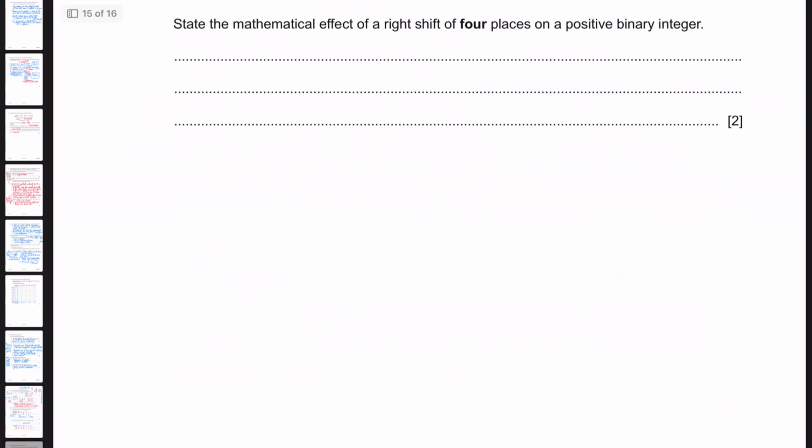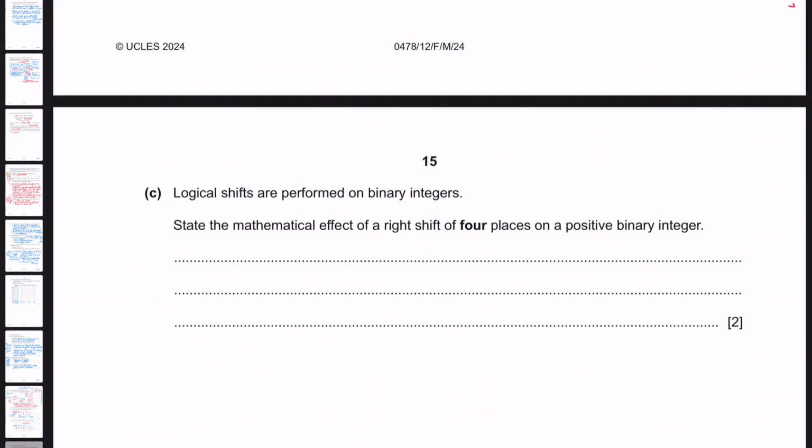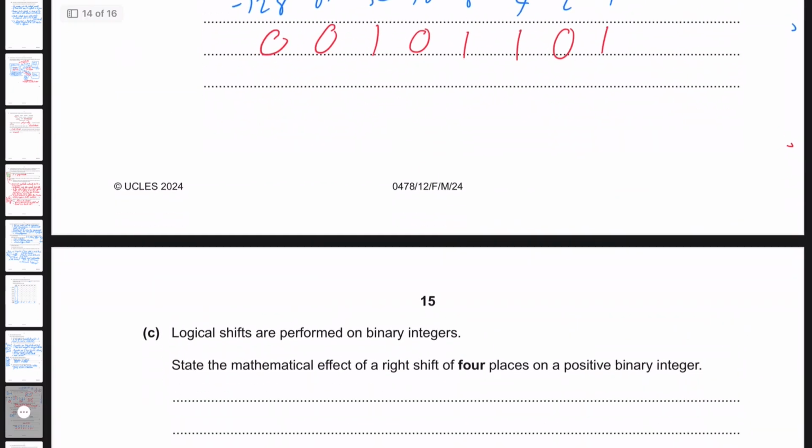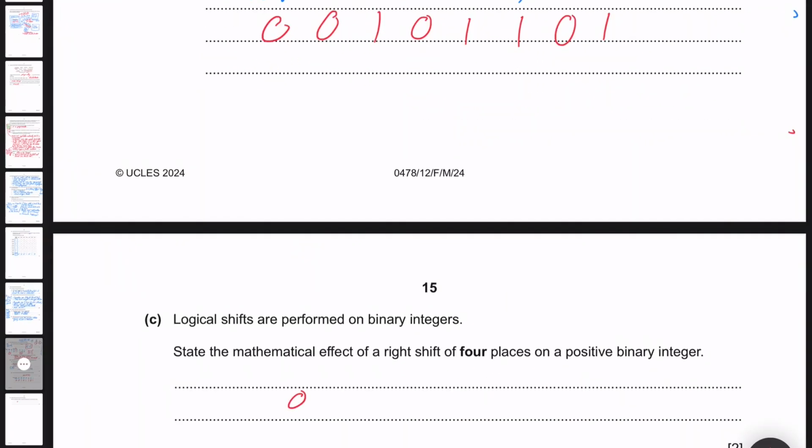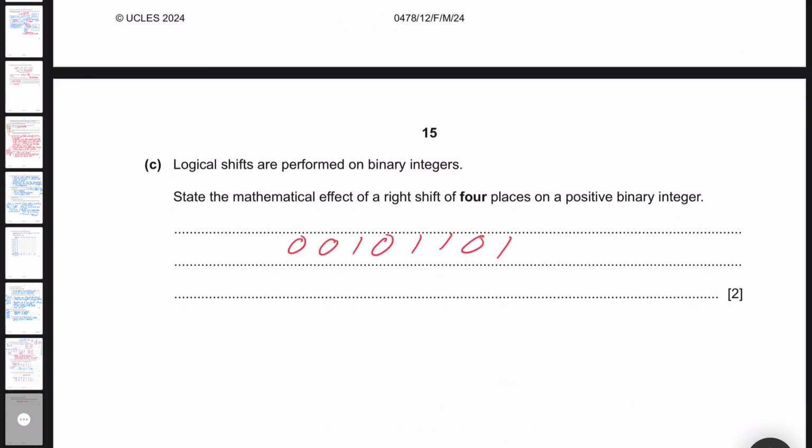And then finally, this is the final question. Logical shifts are performed on binary integers. State the mathematical effect of a right shift of 4 places on a positive binary integer. Well, a right shift, for example, if I take this number at the top, 0, 0, 1, 0, 1, 1, 0, 1, and I do a right shift 4 places, so if I start with this 1, I'm going to go 1, 2, 3, 4.